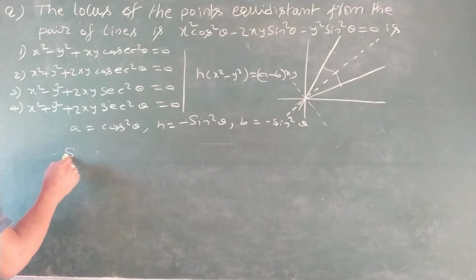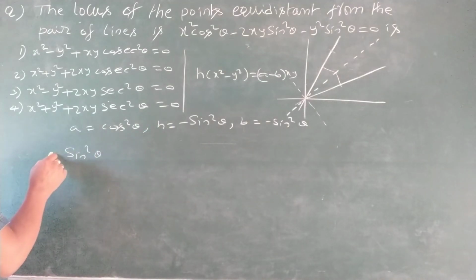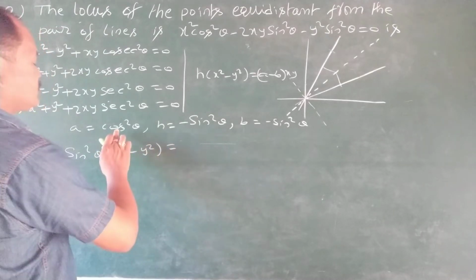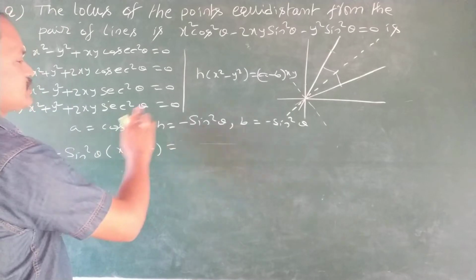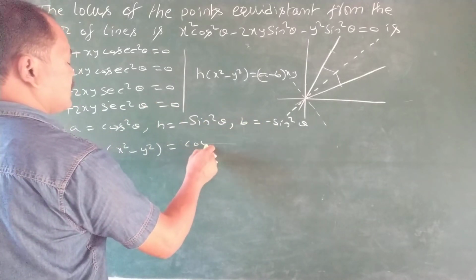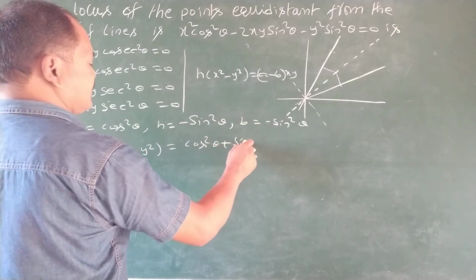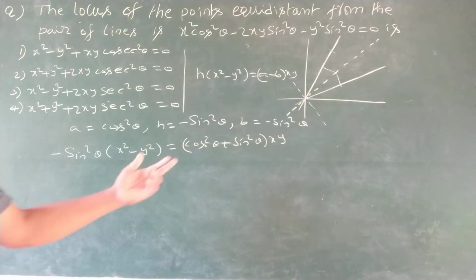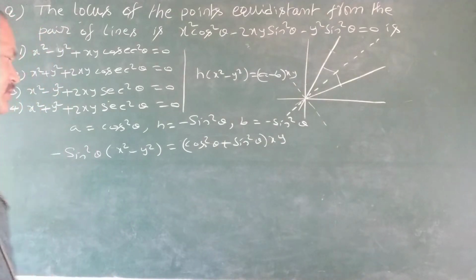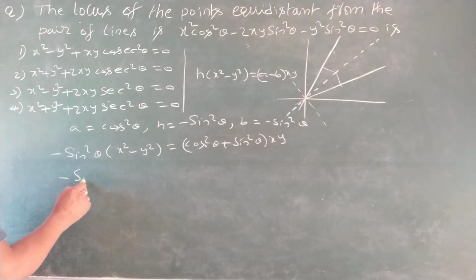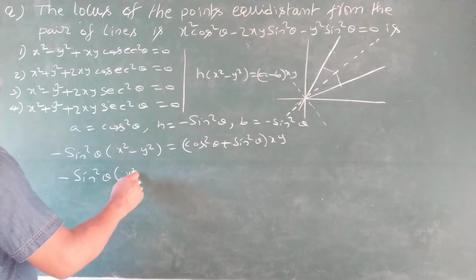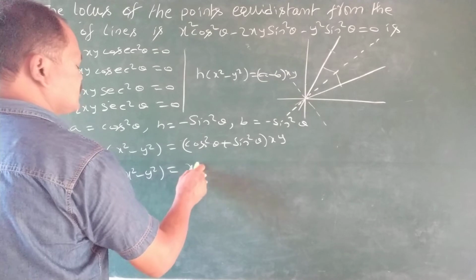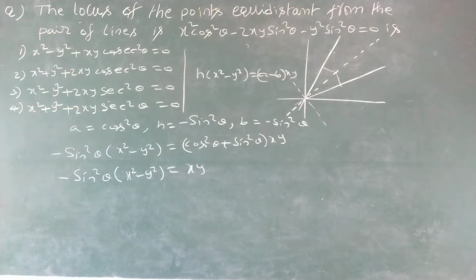Then it is minus sin square theta into (x square minus y square) is equal to (a minus b), so cos square theta minus of minus, that is cos square theta plus sin square theta, into xy. Cos square theta plus sin square theta is nothing but 1. That's why here minus sin square theta into (x square minus y square) is equal to xy.